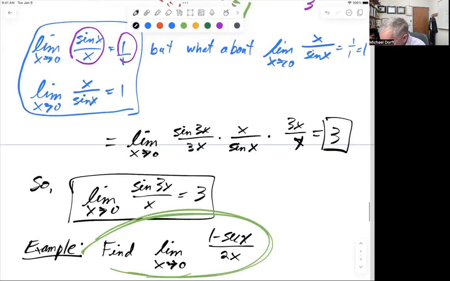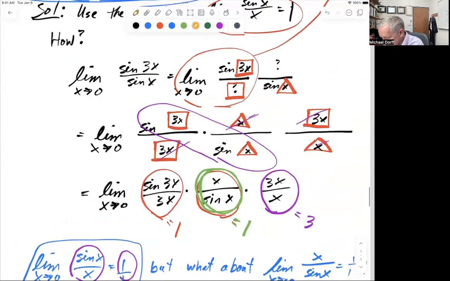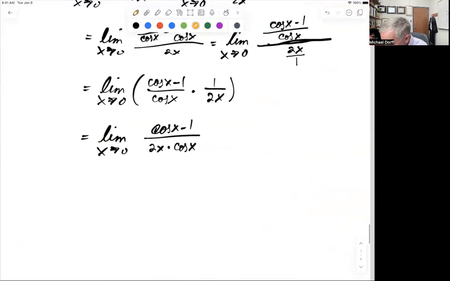Now, go back to the two limit laws that we have from this chapter, the ones that are circled in orange, or gold, whatever color that is. I have a sine x in the first one and a cosine x minus 1 in the second one. Well, what I've got here in green looks like the cosine one.